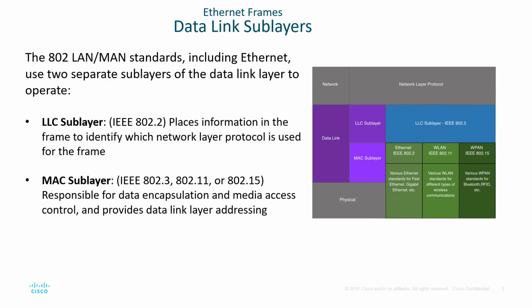The data link layer in totality has those two separate sublayers. Logical link is defined in the standard of 802.2. Your MAC sublayer has all of those different standards that are Ethernet. So the all-encompassing one is 802.3 for Ethernet.